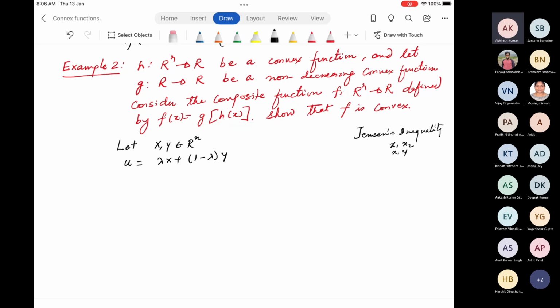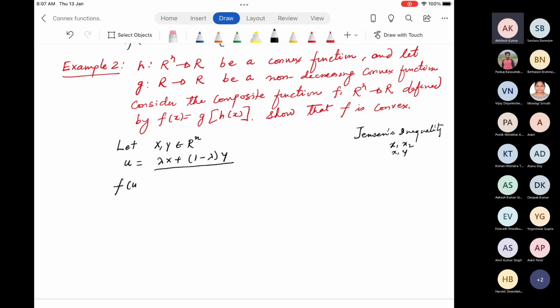Once we have defined that, always remember, especially in the case of composite functions, what you need to show is that f of u is less than or equal to lambda f(x) plus 1 minus lambda f(y). This is the aim you have when you are trying to prove convexity.